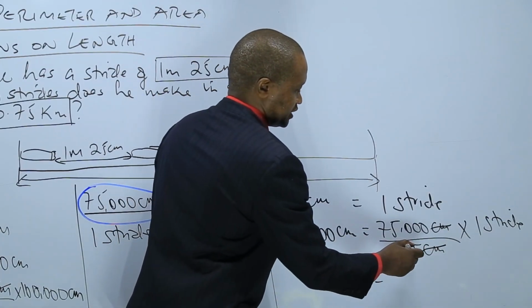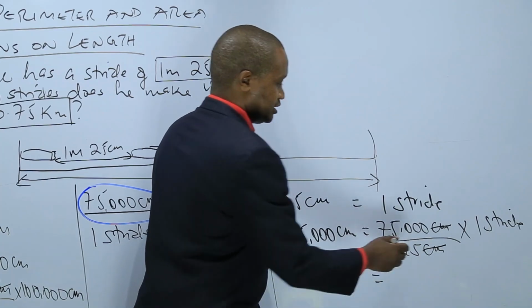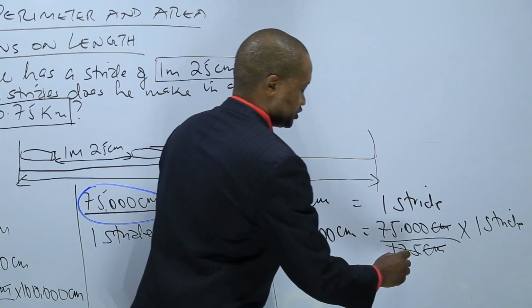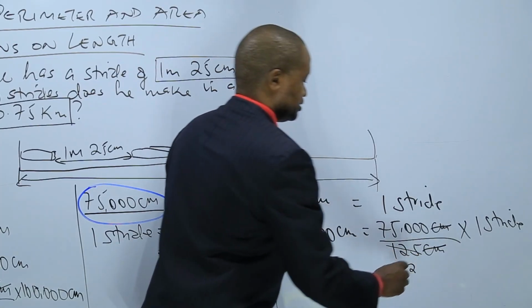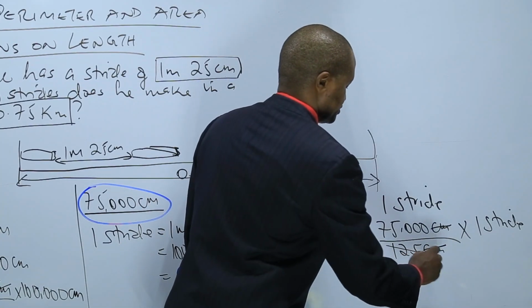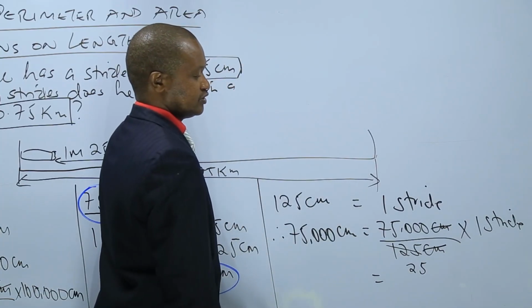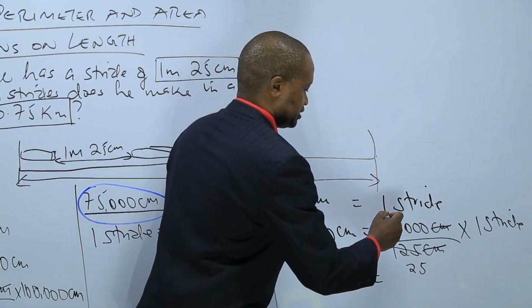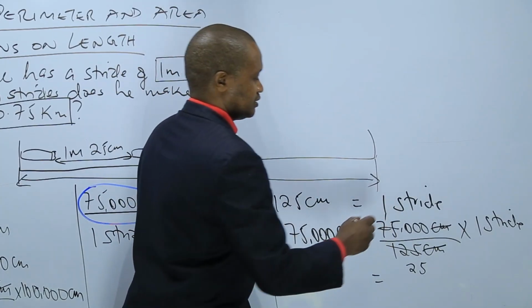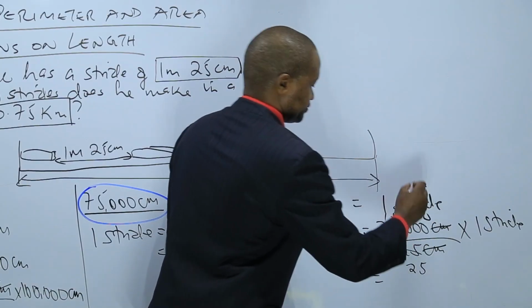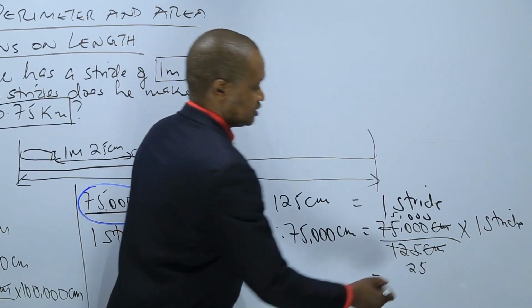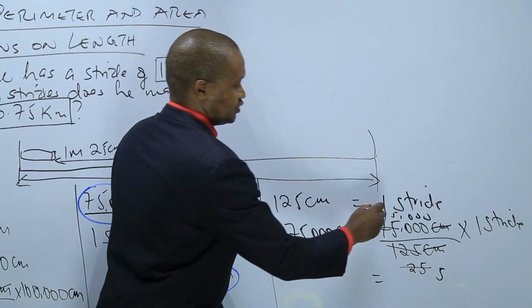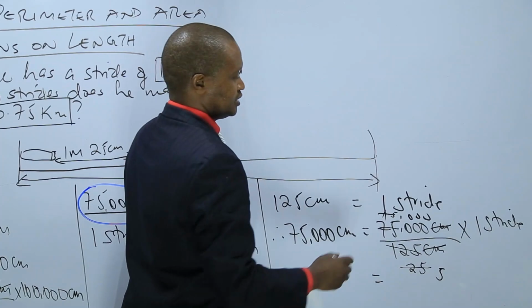Then let's start with the least. 5 goes into 25 five times. 5 goes into 75,000 how many times? 15,000.